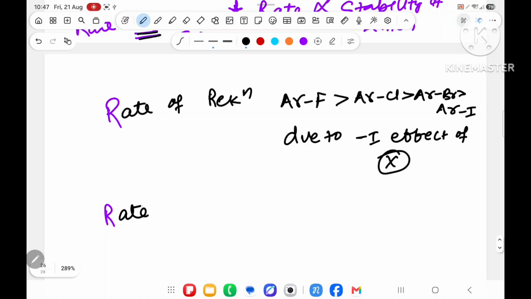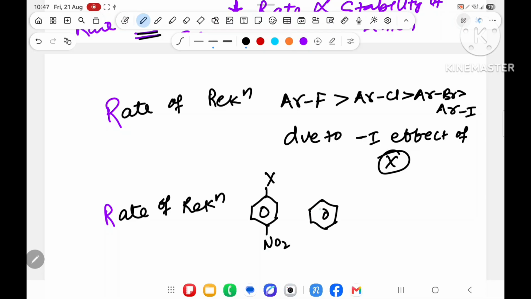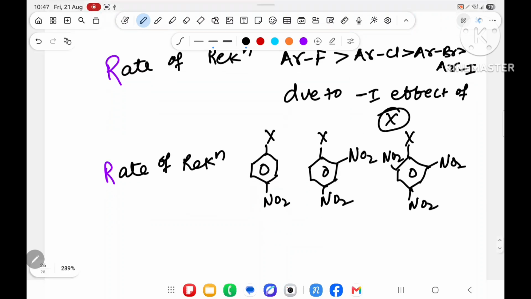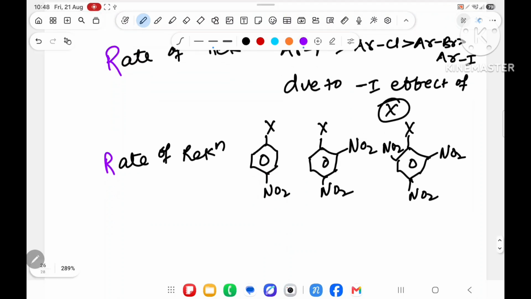Next, rate of reaction. Suppose you have taken X and attached one NO2. Over here you have taken X and attached 2 NO2. Over here you have taken X and attached 3 NO2. NO2 is an electron withdrawing group. The more electron withdrawing groups you attach, the more easily the reaction will happen.